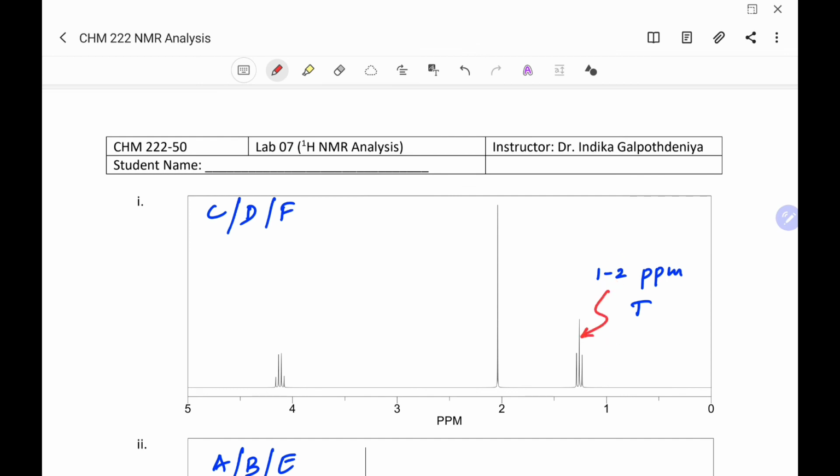Then you have another peak around 2 ppm that is not split. It's a singlet, so it is not split into multiplets. And this right here is a quartet, and it is between 4 to 5 ppm.